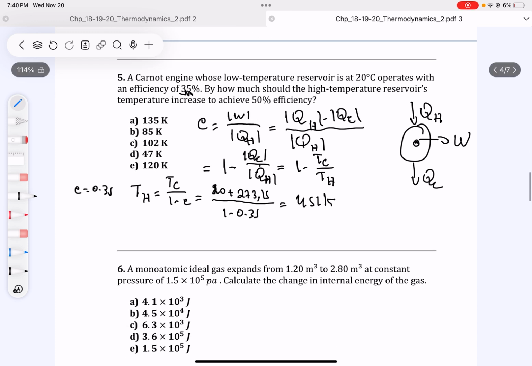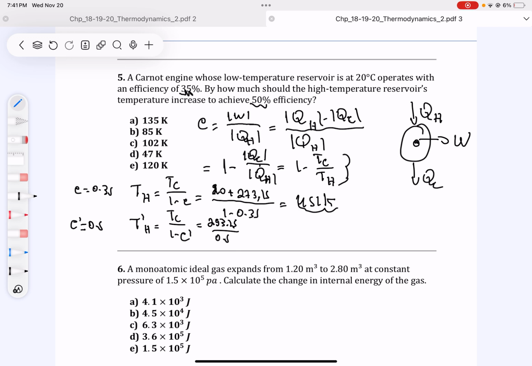Okay, let's continue. We get TH 451K. We can solve it normally from here. We'll get TH prime. That's TC over 1 minus E prime. E prime is just the 50%, 0.5. Okay, we get that's just to write it.